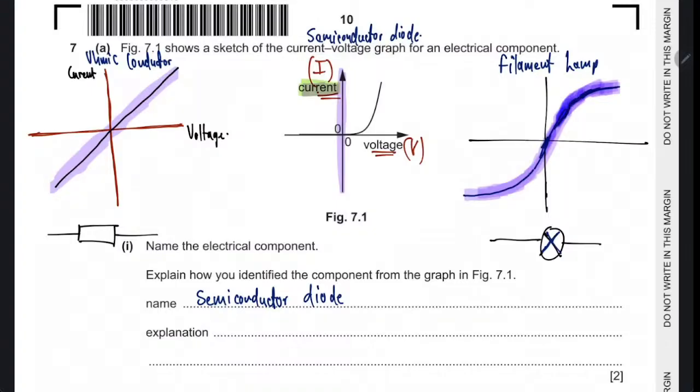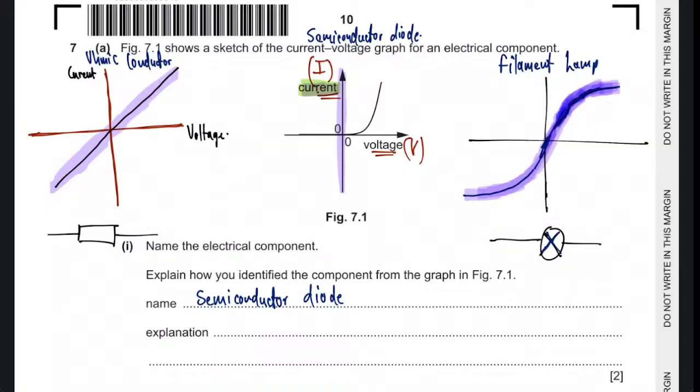Now, a diode is just a component that makes sure that current only flows in one direction. So remember these three graphs that your examiners want you to know. For your diode, remember that current only flows in one direction, so there is no current in the reverse direction. That is a simple answer you can use if they ask you how you saw.